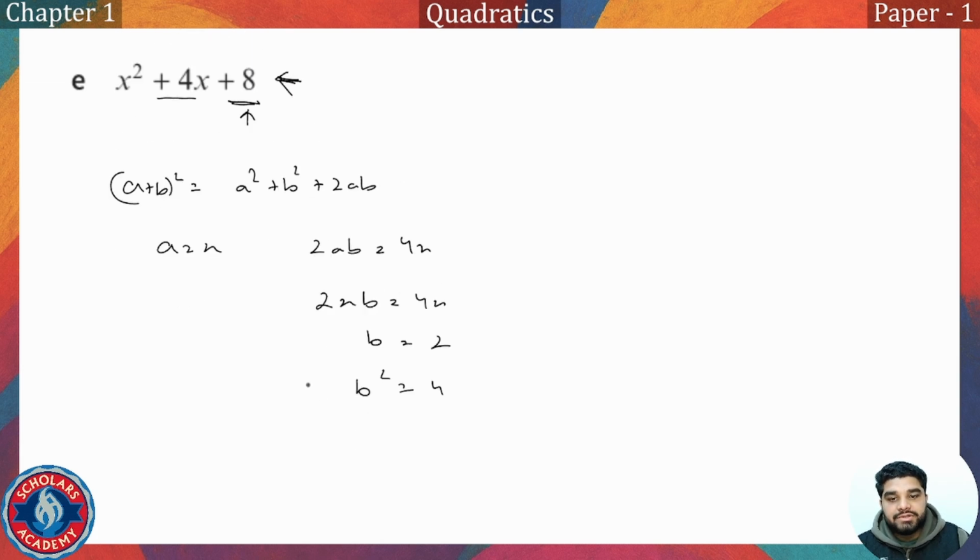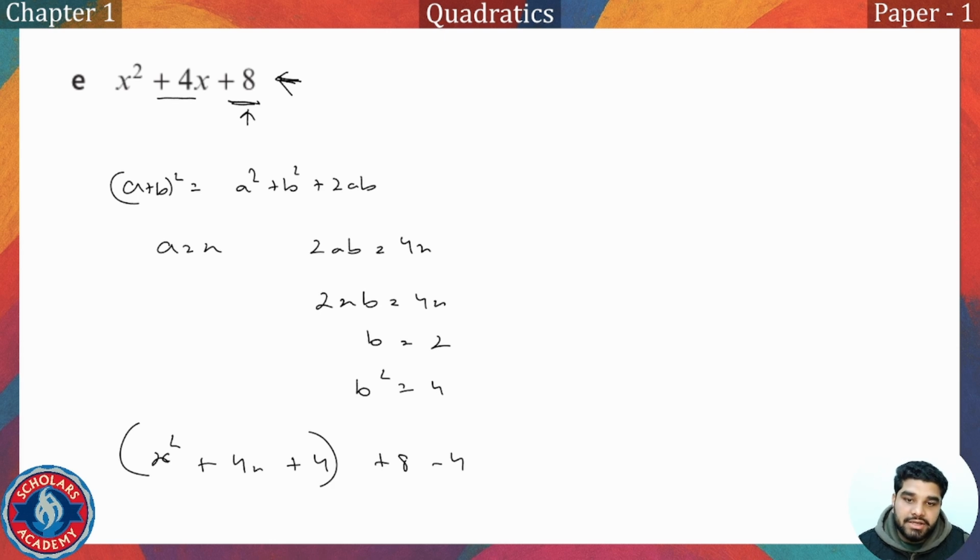So x square plus 4x plus 4, sorry, not 16, b square is 4, and this completes our whole square, plus 8, which is already here, and minus 4 to keep the equation same.